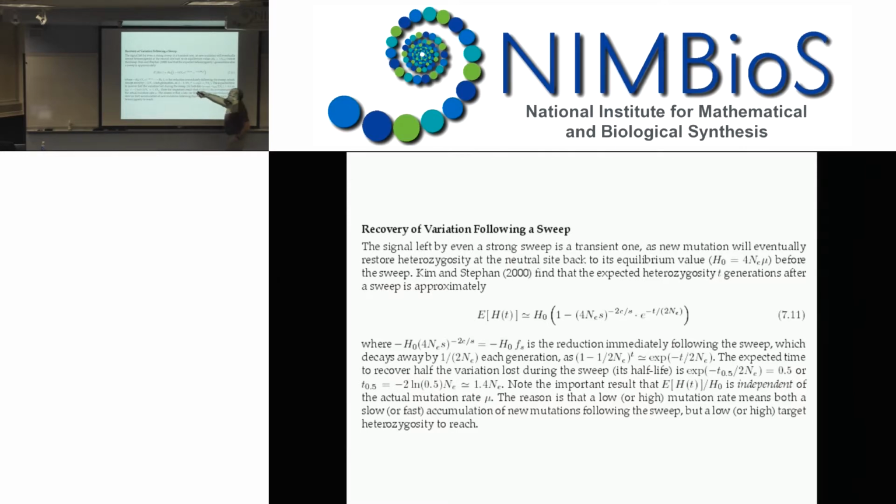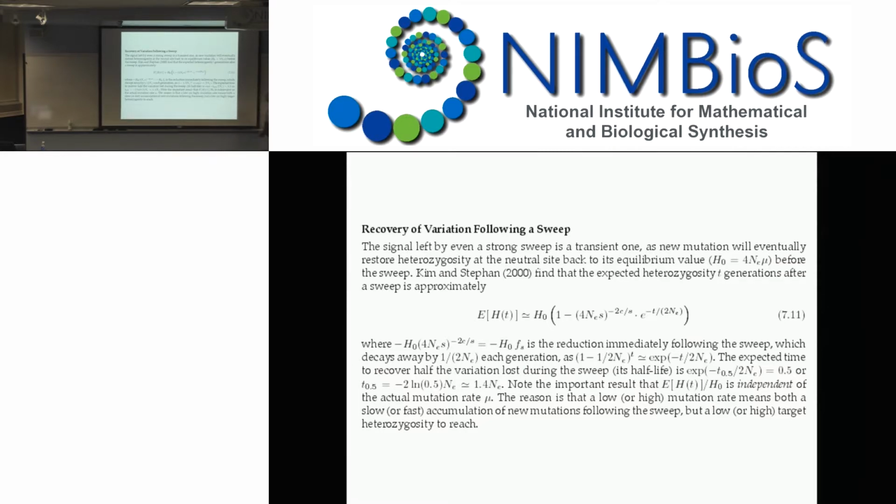So basically, here is the recovery. If a sweep occurred T generations ago, what's the existing level of variation? There's an expression for it, and the key feature here is this part, that's the reduction when the sweep is completed. This is the decay in that. You notice what doesn't appear in here is the mutation rate.